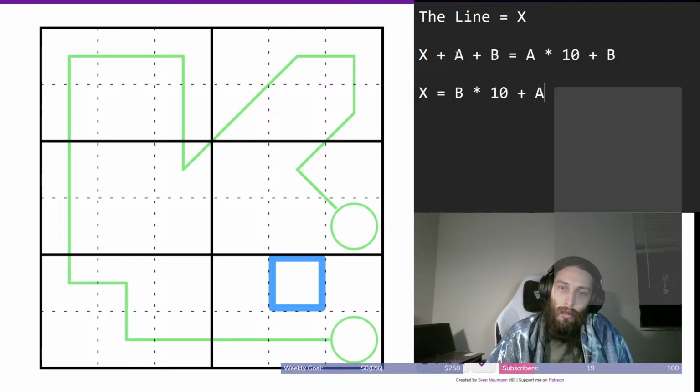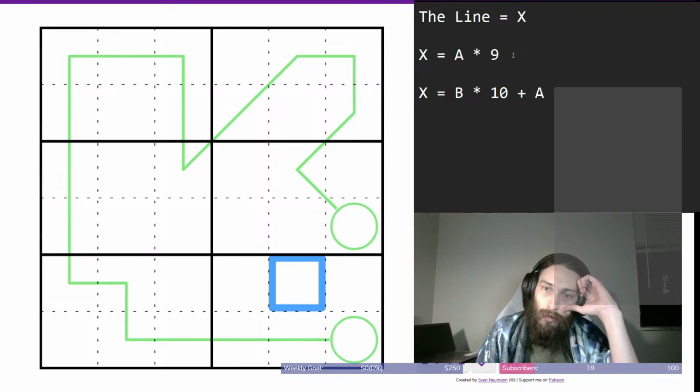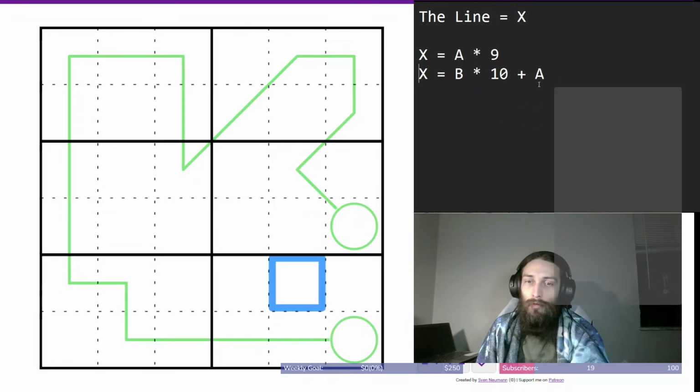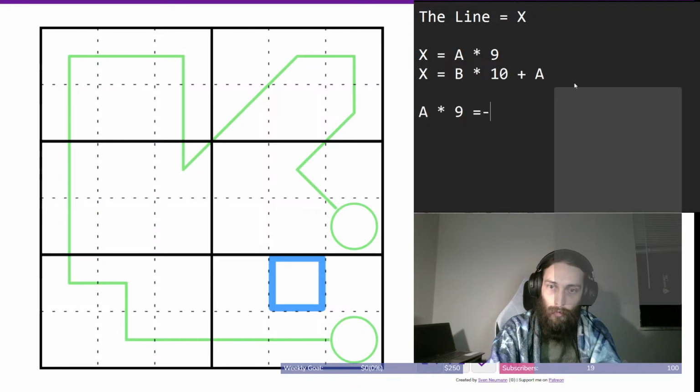And obviously, I guess mathematically, I can just subtract b from both sides. And then if I subtract a, that becomes a times 9. And suddenly, a times 9 is equal to b times 10 plus a.